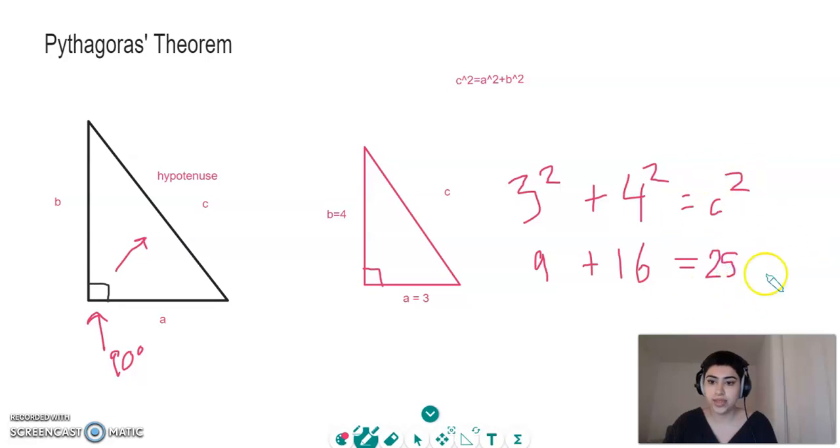So what we have here now is C squared, right? So how would we then solve it to find C? Because right now we have C squared, but what we're actually looking for is C. So how would we go about doing that? So what we would do is we would have 25 equals C squared, right?